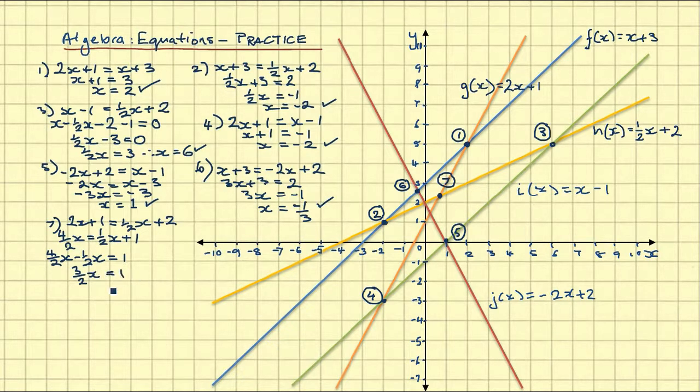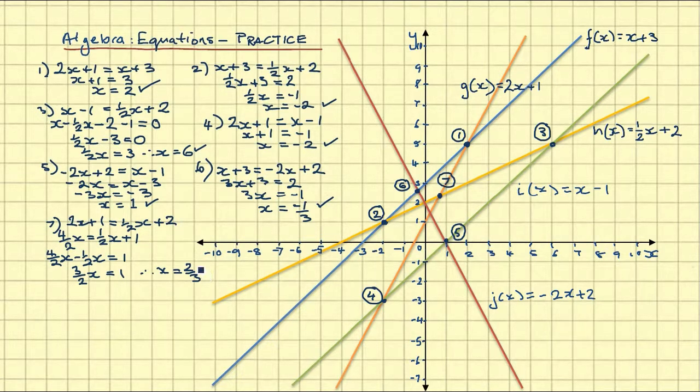So what have we got? 3 halves of x equals 1. If we multiply now by 2/3, that will eliminate the 3 over 2 on the left hand side, giving us therefore x equals, well, 1 times 2/3, so just 2/3.